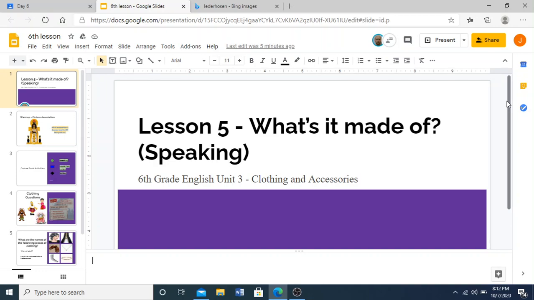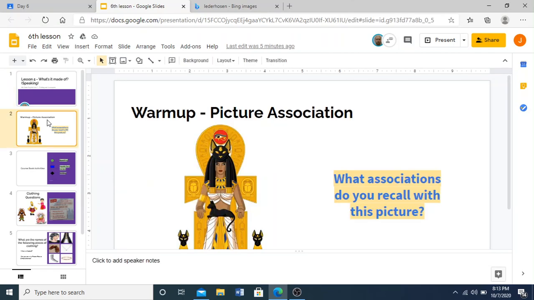We've also looked at the history, how people dressed historically, especially the Egyptians, what the Egyptians used to wear and all that. So that is what we'll be doing today. For most of the lessons today, you are going to be talking. So always before we go into details, let's do a warm-up activity.